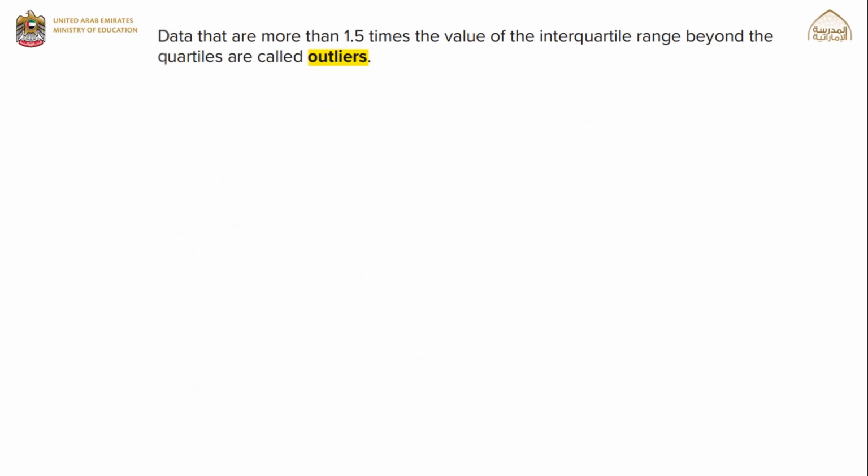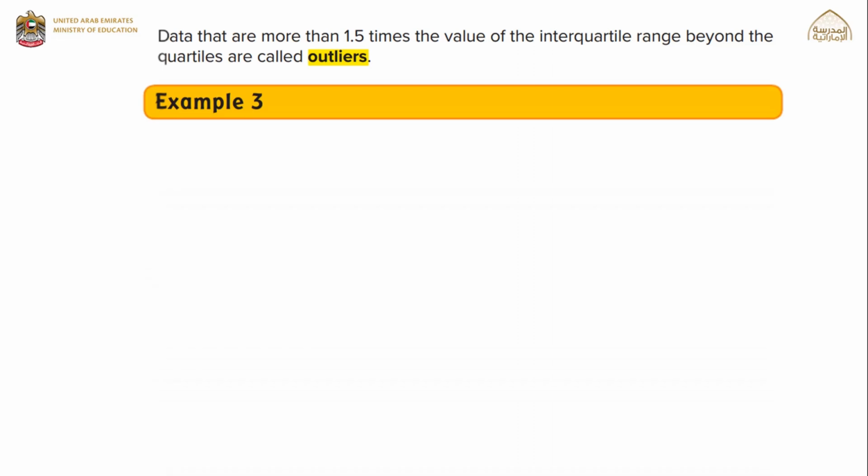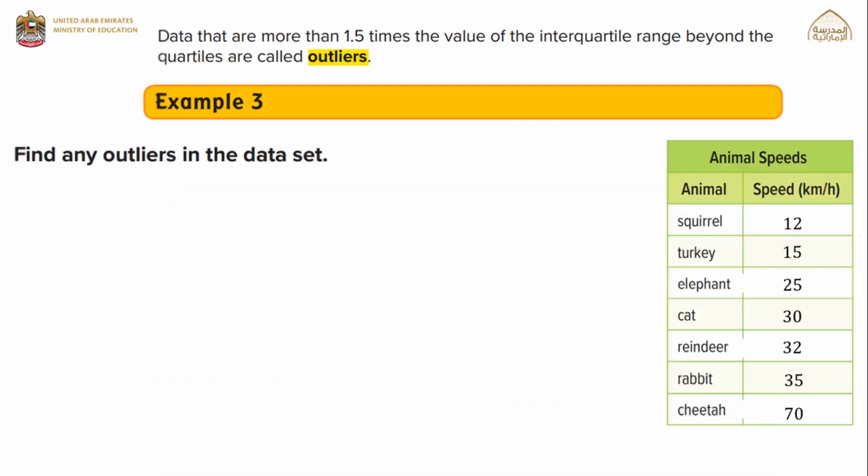Data that are more than 1.5 times the value of the interquartile range beyond the quartiles are called outliers. Example 3. Find any outliers in the dataset. The first step to find the outliers is to find the interquartile range.